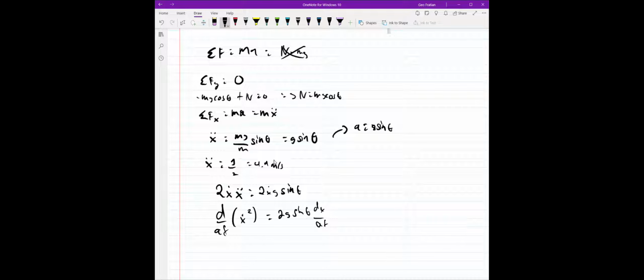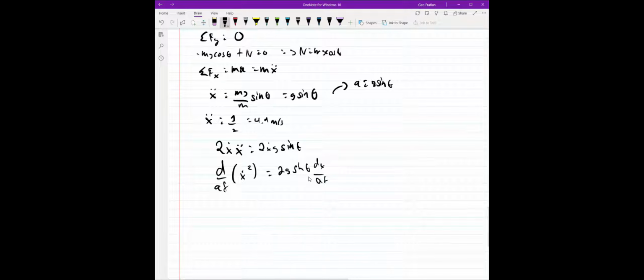And we can integrate from 0 to v naught squared of the derivative of x prime, oops, sorry, the square should be inside, and that's just 2g sine theta from 0 to x naught dx, or this is just x naught.